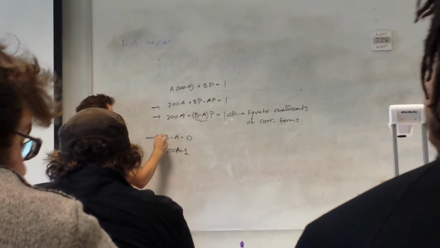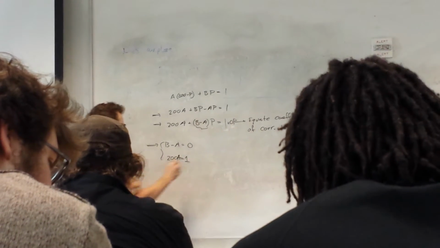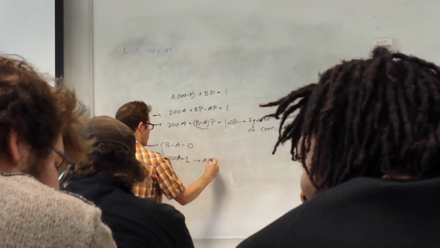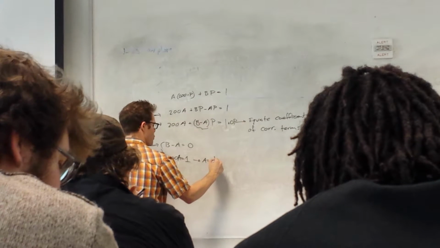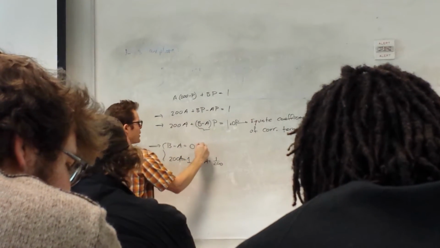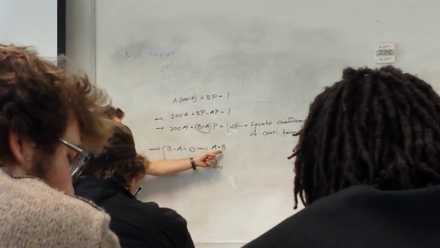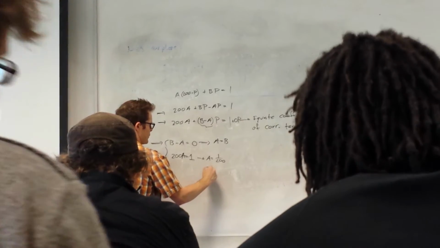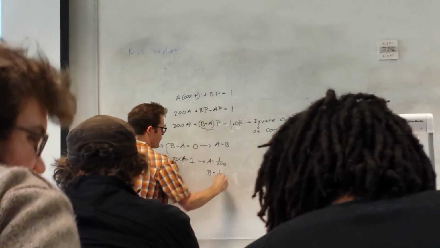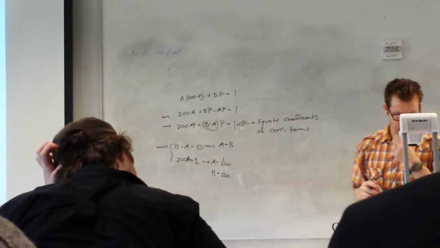You get a system of equations, two unknowns, but this is the same equation you got. So this says a equals 1 over 200, right, same thing. And this equation says that a has to equal b, so they're both 1 over 200. So partial fractions, this is not a terrible case of it.